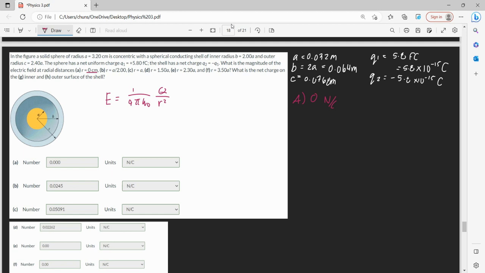But we are going to modify this equation so it also includes our outer conducting sphere. So this is going to be q over 4 pi epsilon naught R cubed at some distance r. So this capital R is of the body we're measuring. So if we change that, that would be a. And our distance r is going to be what we're going to be given for each of our question parts.